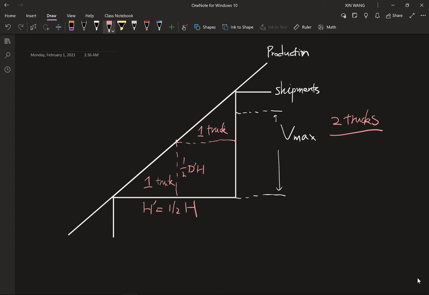Remember, we have 4 cost terms: the run cost, the waiting cost, the fixed cost, and the variable cost. After we do this adjustment, the number of trucks changes from 2 to 1, and the headway changes from h to half h.